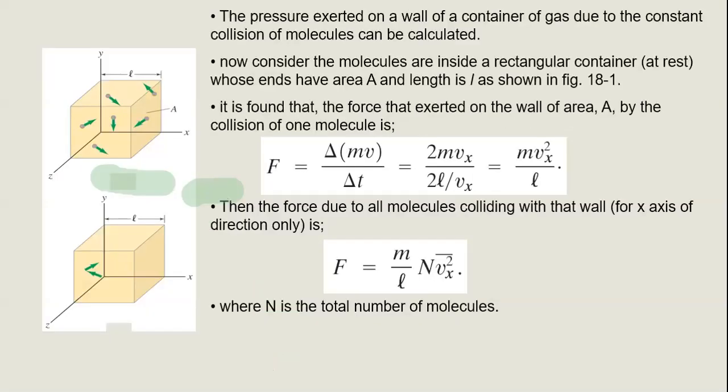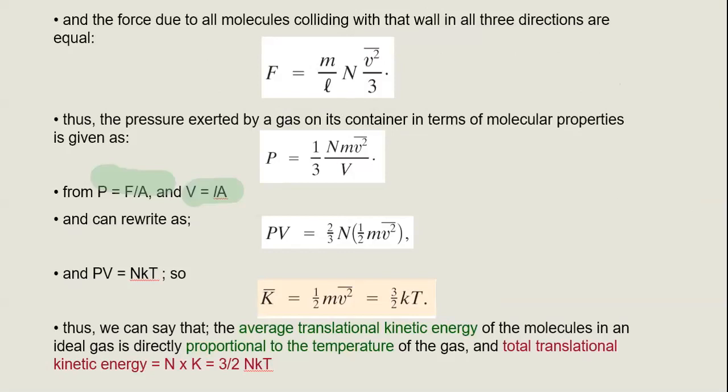So you have the cross-sectional area multiplied by the length of that cube.